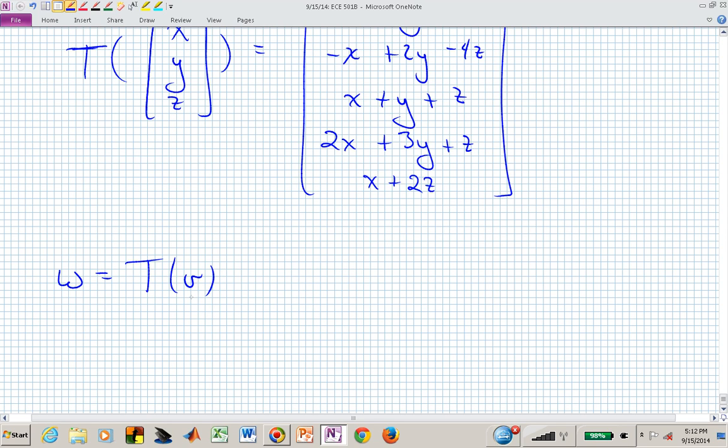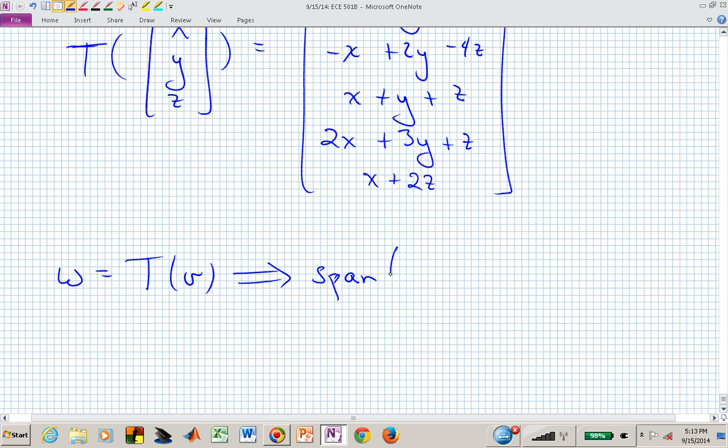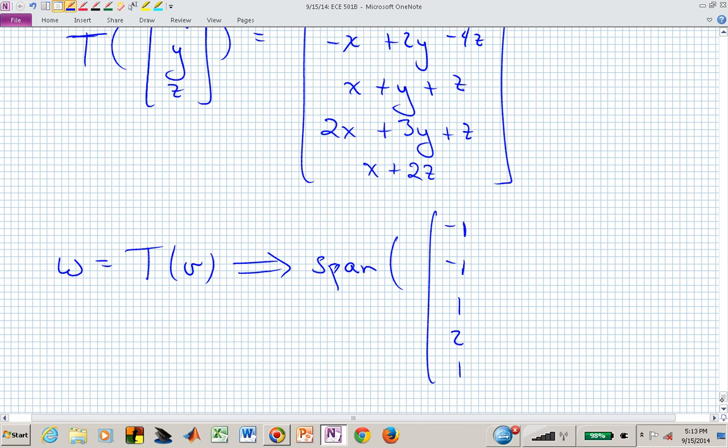W equal to T(V) actually gives you the span of the following list of spanning vectors: (-1, -1, 1, 2, 1). That's just x, isn't it, setting y and z to 0. We could set x and z to 0 and get (1, 2, 1, 3, 0).